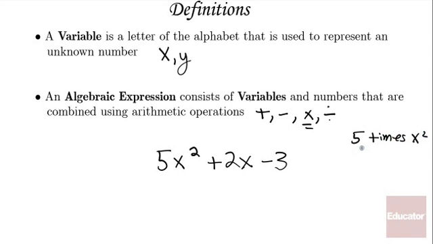But if I were to write that as 5 × x², that would be very confusing, because is this saying times or is it another variable? Therefore, to indicate multiplication, there are a couple of things that can be done. We can either put a dot, so you'll see 5·x², or frequently, we just put the two terms right next to each other, 5x². So 5x² really means 5 times x².